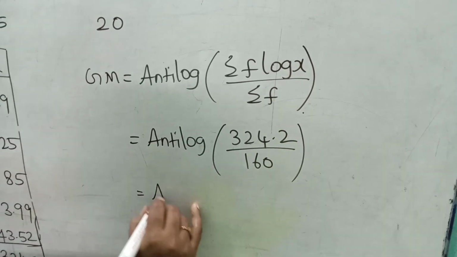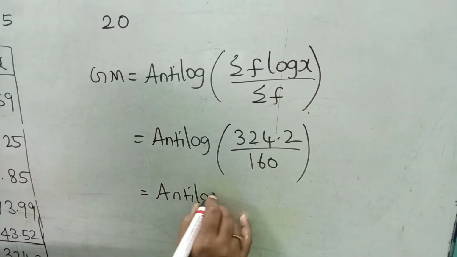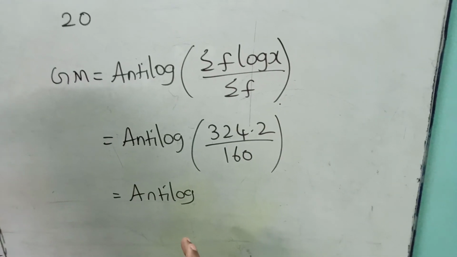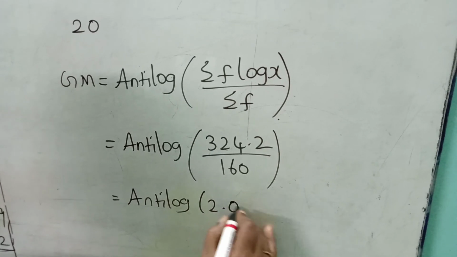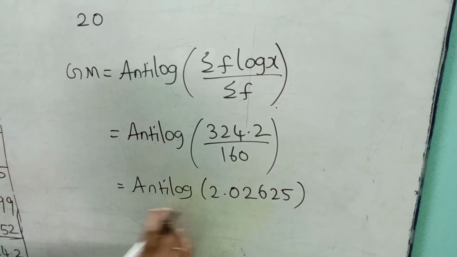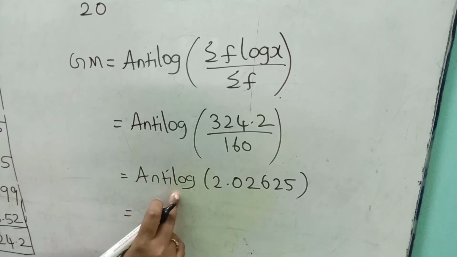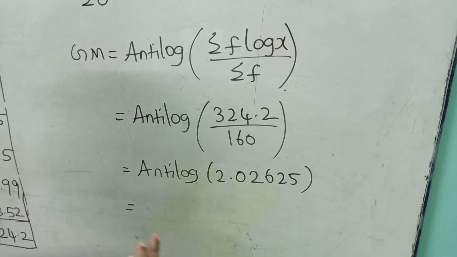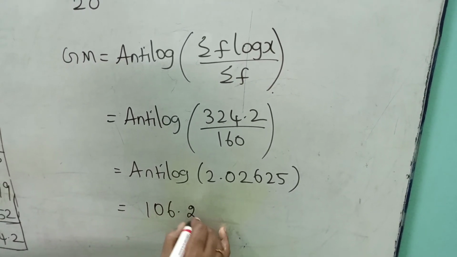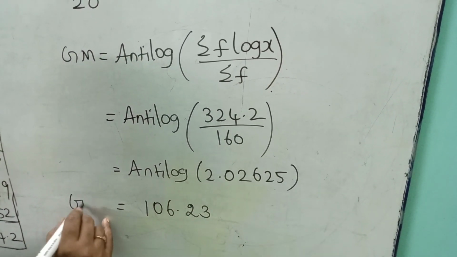Dividing these two, we get 2.02625. With the help of the scientific calculator, antilog of 2.02625 is 106.23. This is the GM value.